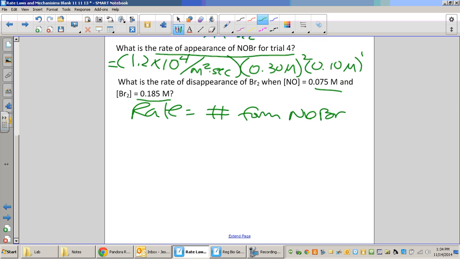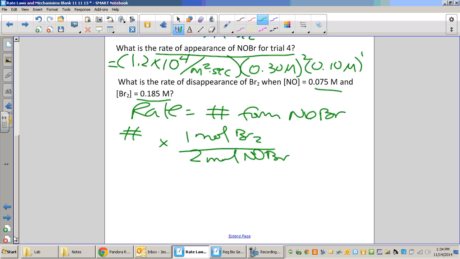And so you put that number here, and then you would say, okay, well, I use 1 mole of Br2 for every 2 moles of NOBr made. So essentially you're halving it, but I write it as mole ratios. That's the only weird question on there. Would you just have the number?